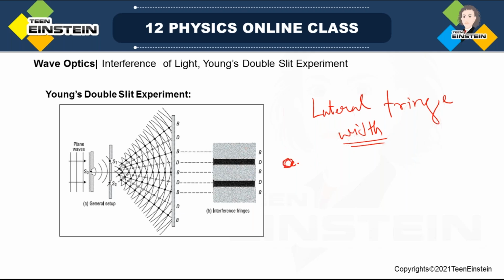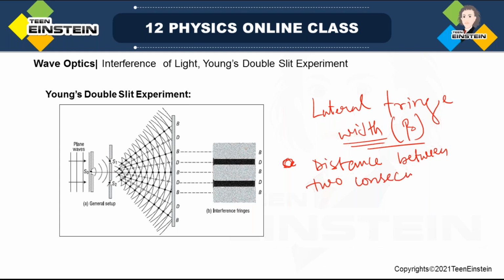This is the separation, or the distance between, two consecutive bright or dark fringes. Lateral fringe width is denoted by beta.